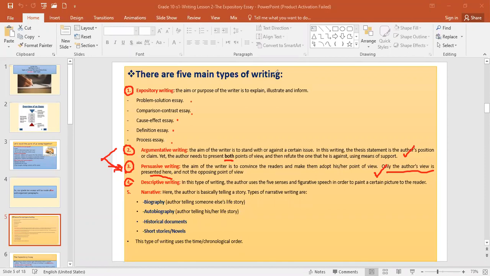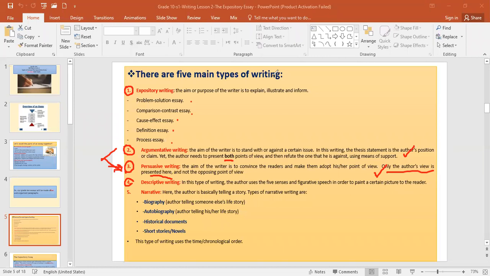Descriptive writing. In this type of writing, the author uses the five senses and figurative speech in order to paint a certain picture for the reader. Okay, now would you please give me an example of descriptive writing? You can write about a specific thing and start describing it.